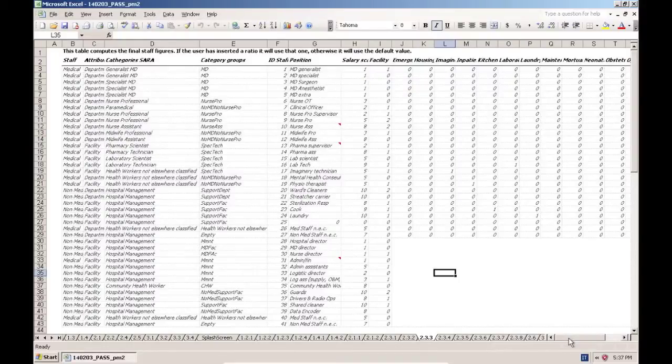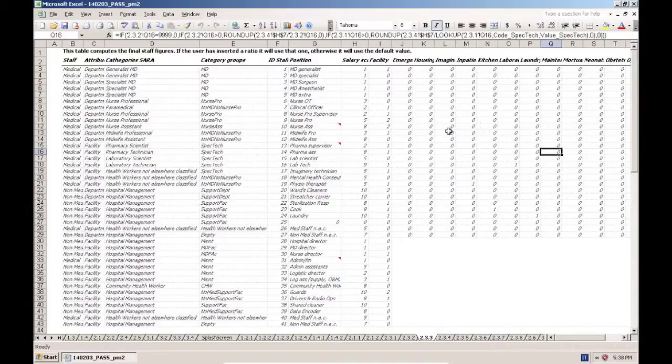In this third table, once again, it has the very same layout, but here PASS is actually computing the values, so it's transforming the codes into actual numbers and performing all the operations. You see here that they are all formulas, so please don't change them.